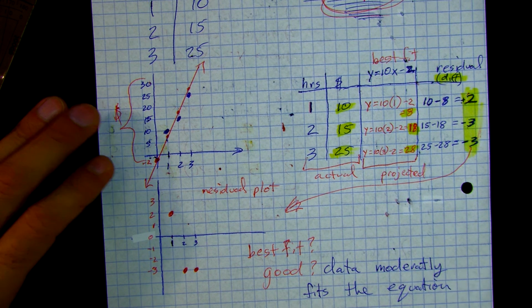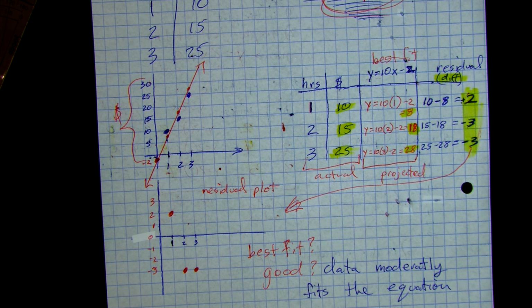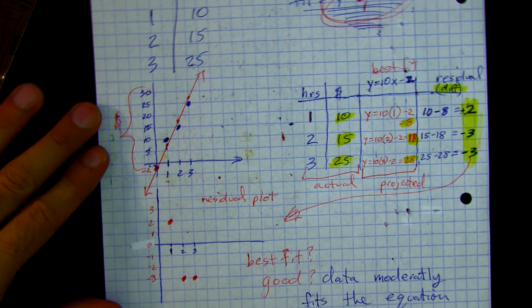Okay. And moderate means just like, it's okay. It's not a really good fit. It's not a bad fit. It's moderate. It's kind of in the middle between those two. Okay. And those are the key parts to it.